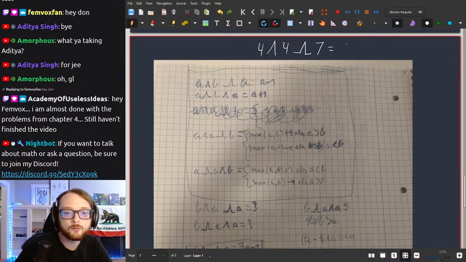So is this 5 inverse wedge 7, which is 4?